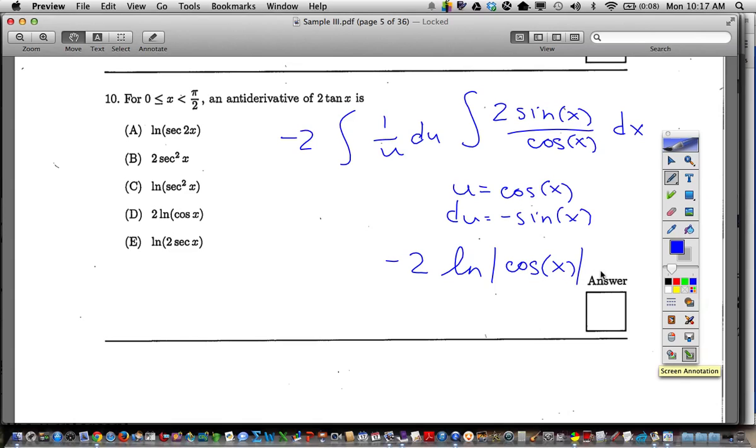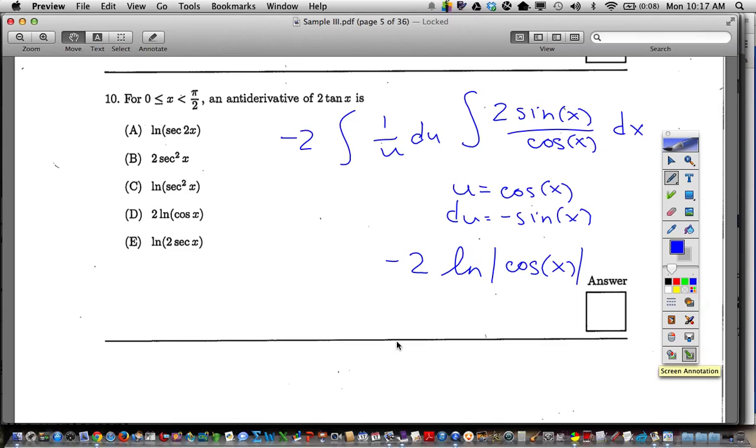Why is that important? If I look at these, I've got -2 ln cosine, and none of those are choices, and none of them have absolute value. Partly you might have just gotten lucky and forgotten the absolute value and wouldn't have thought about it.